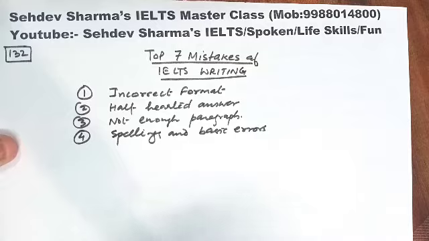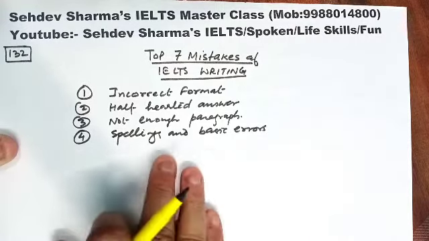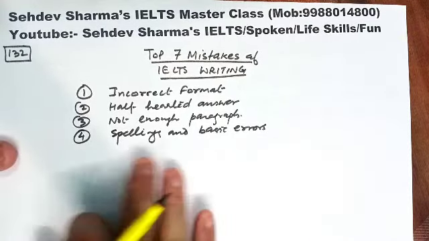For example, if it is he, she or it, it should be followed by the first form of verb along with s or es, right? This we need to understand. If I am writing is, am, are, it has to be followed by ing. I am going to school, I have to write this. So basic rules and regulations must be followed. Definitely you are going to get good marks.